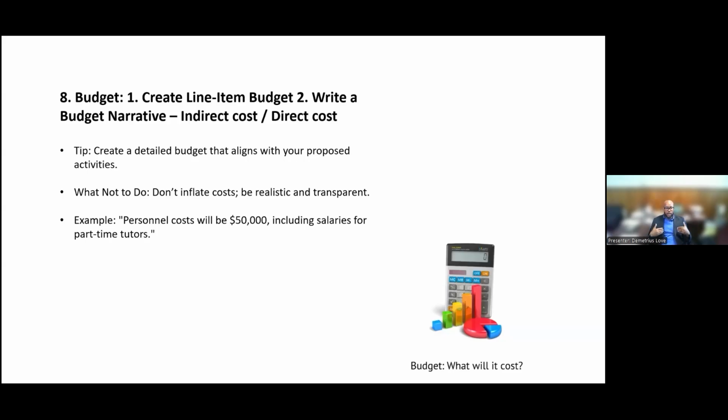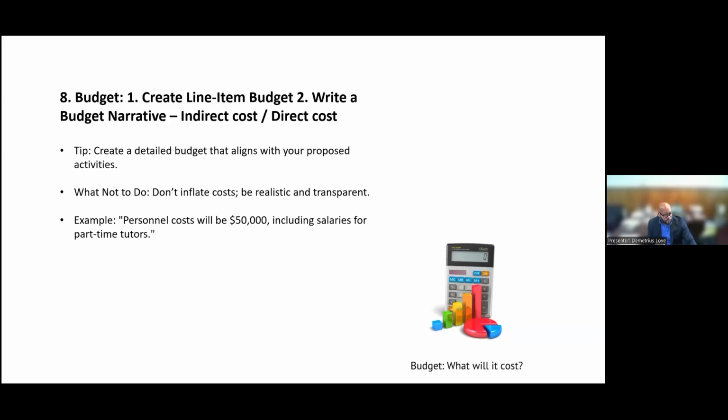My goal here is to help you understand, because it doesn't matter if it puts that budget out there. If you don't understand it, you can find yourself in a peculiar situation when you're talking through it. So there are two things you want to have. You want to create a detailed line item, and then you want to write your budget narrative. And then we want to talk about indirect versus direct costs.